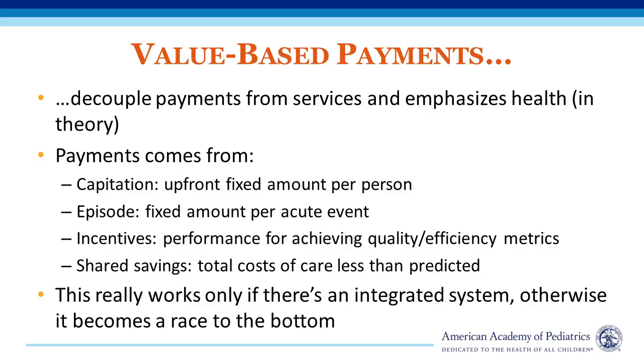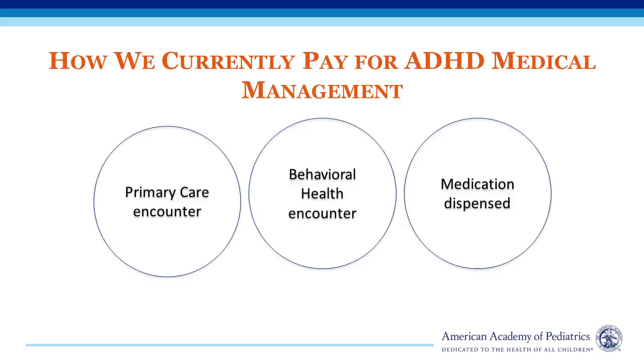So you can be graded on the curve or graded according to an absolute A, B, C, D, F scale. And then shared savings is a kind of payment incentive in which if the total costs of care for your patient panel are less than predicted, you actually get to take home some of the savings that are generated. And clearly the system has to be integrated, otherwise you're robbing Peter to pay Paul, stealing from one bucket to fill the other bucket.